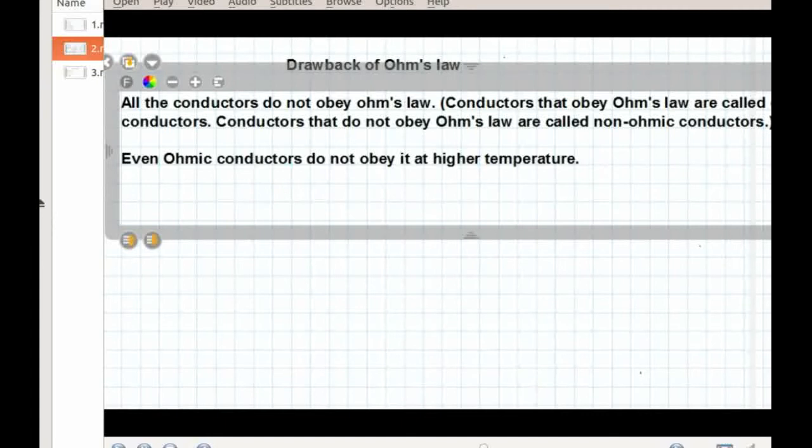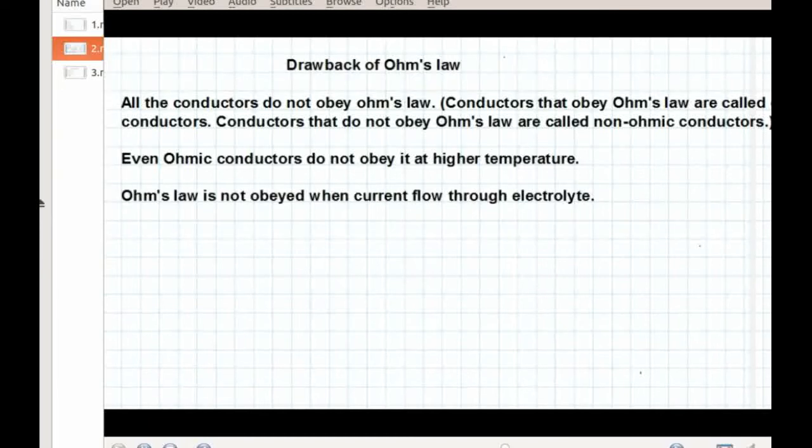So we define Ohm's law by keeping the temperature constant. So even ohmic conductors do not obey Ohm's law at a higher temperature, because there will be a good variation in the resistance, or this V will not be proportional to I.